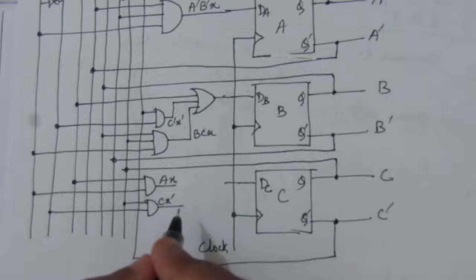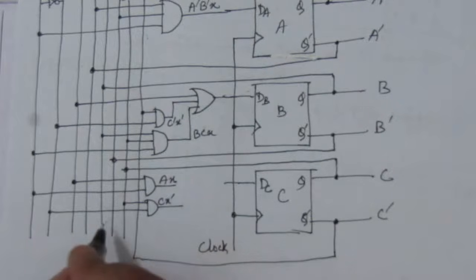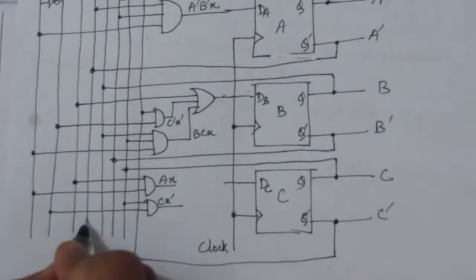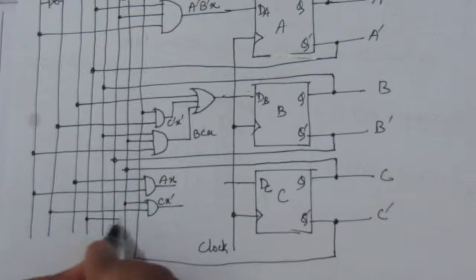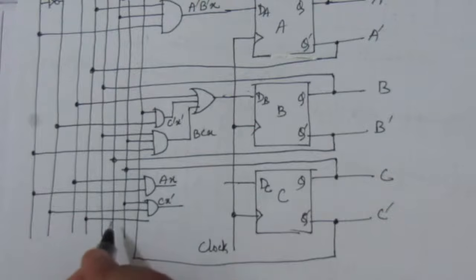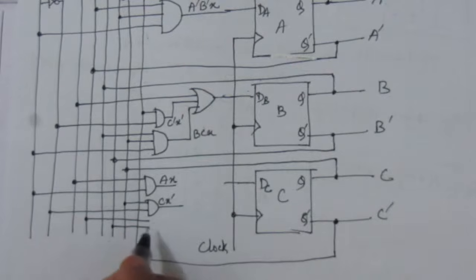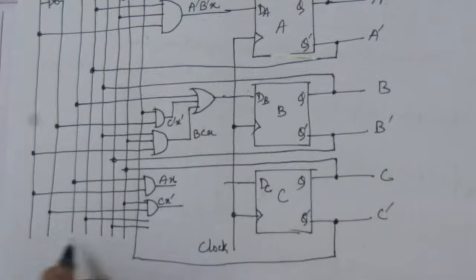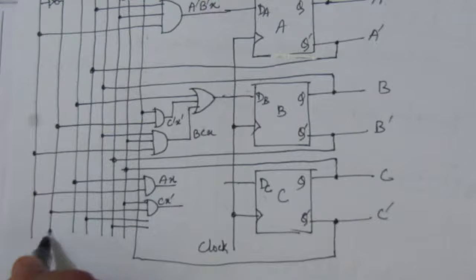Next we have plus A bar B bar X bar. So take a line from A bar, take a line from B bar, which is this one, and take a line from X bar. So X bar is this one.